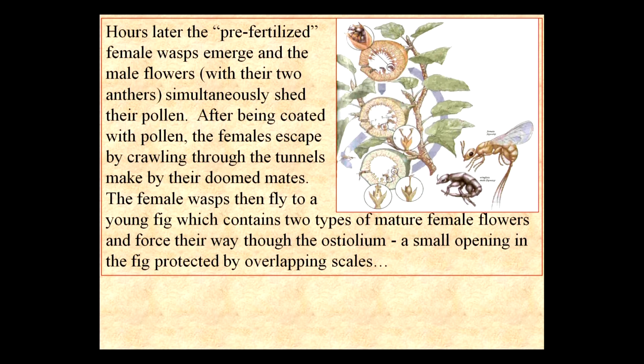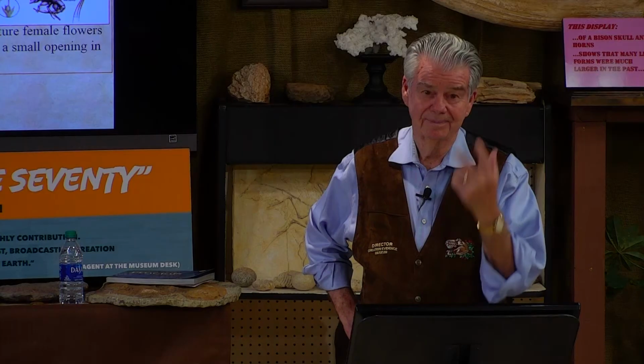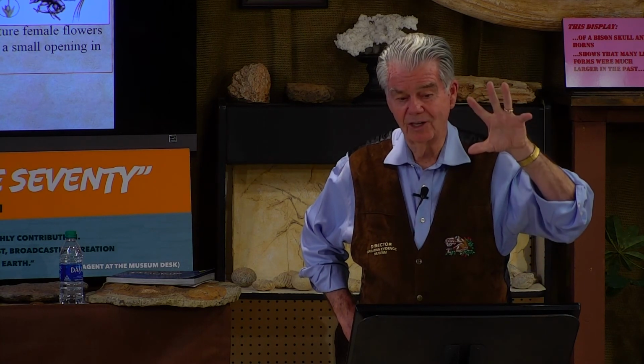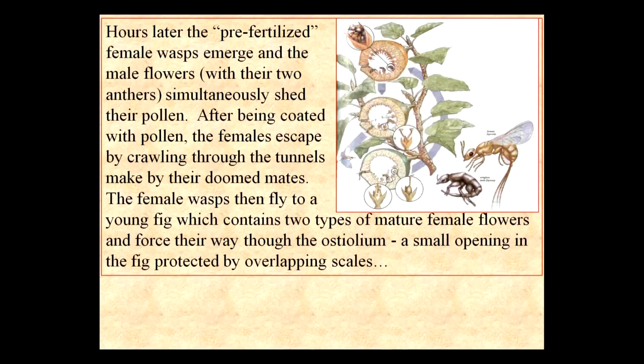She gave us life. You give all, it's like a mother to give all your life. Right, mothers? So here they are, these female wasps just start to emerge. Simultaneously, the male flowers with their two antlers shed their pollen. After being coated with this pollen, the females escape.